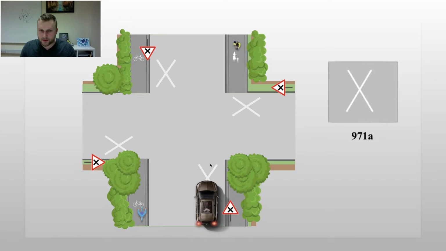So you're entering this area, you see a car coming, you're not sure whether you have to give way or not, but then you see the cross on the ground, and it will be easy for you to understand that you have the right-hand rule in this place, on this crossroad. So you have to give way to him. Clear? That's good.